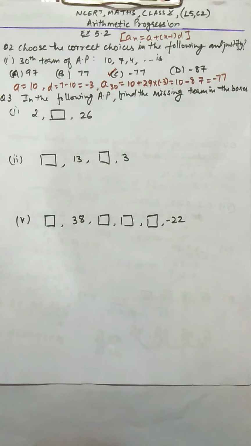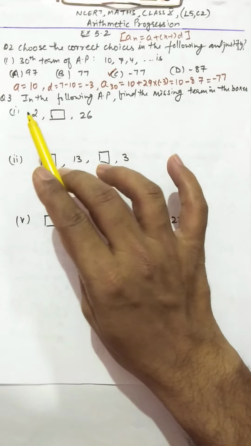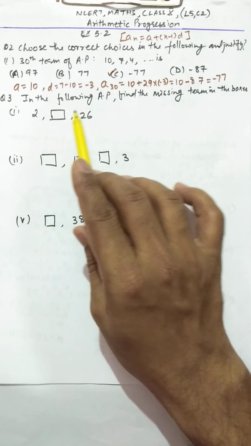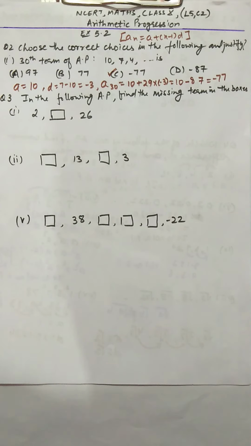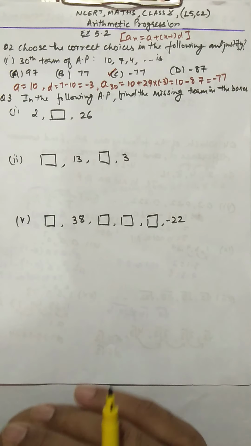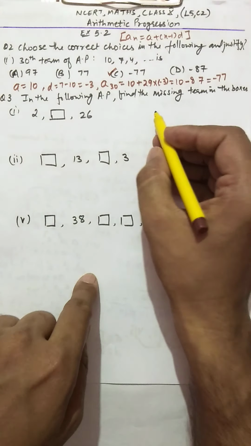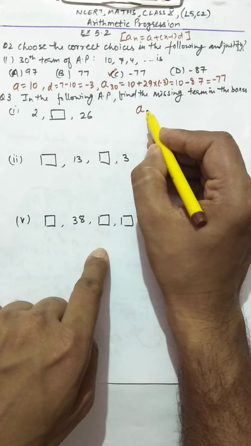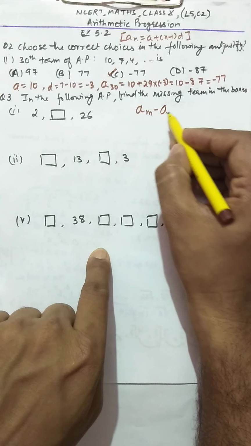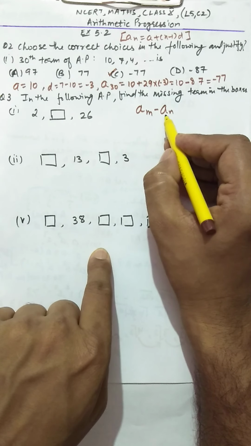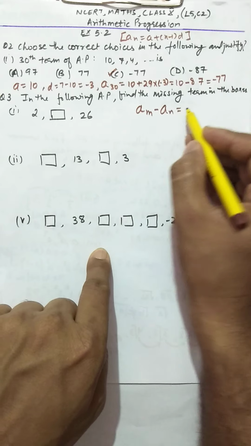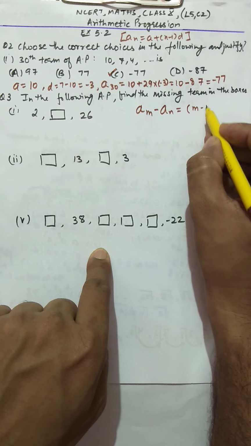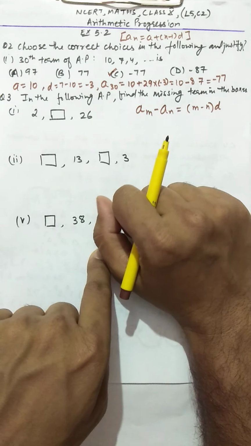Now come to question number 3. In the following AP, find the missing term in the boxes. So it means the first term is 2, the second term you don't know, and the third term you know, 26. For all such problems, I am going to give you a formula that you can always use: if it is a_m minus a_n, meaning mth term minus nth term, then it will always be equal to (m minus n) into d.